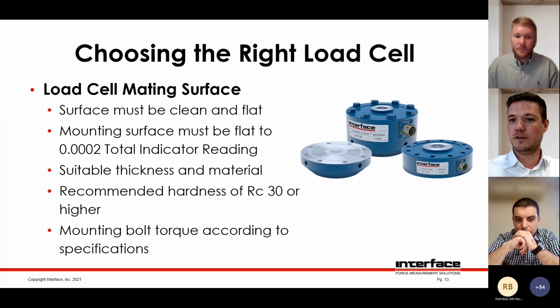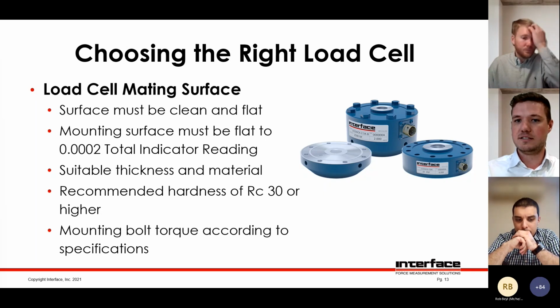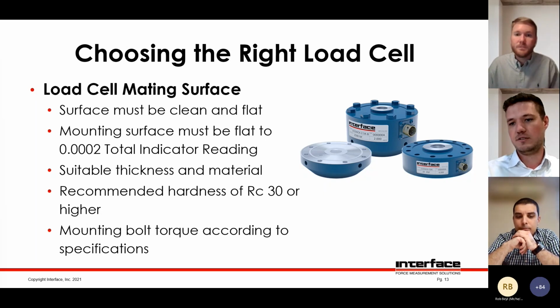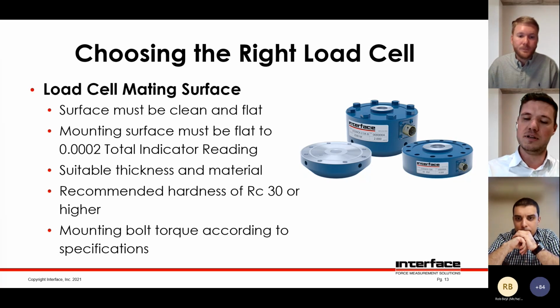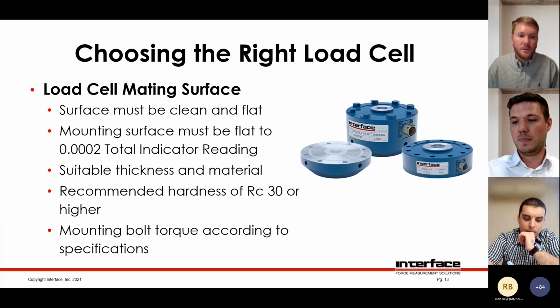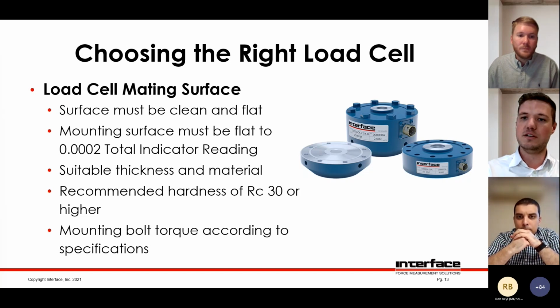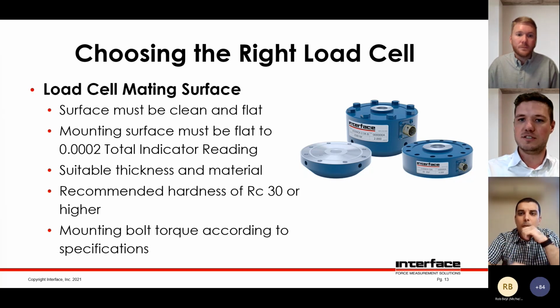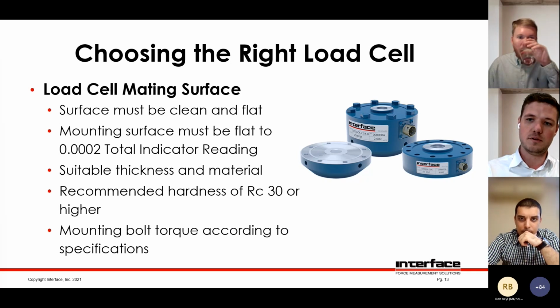It's also very hard, and it's matched to the same material as the load cell. So if you were to mount a steel load cell onto an aluminium base, then vary the temperature, the change across the different materials could apply a load, it could introduce errors that are obviously undesirable. So you need to consider the mounting surfaces involved when applying loads onto these load cells.